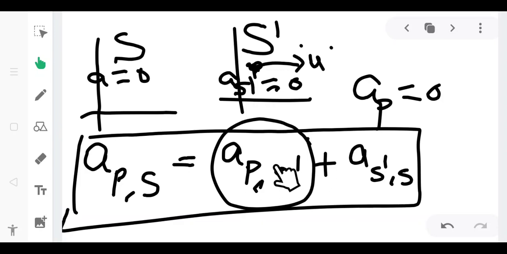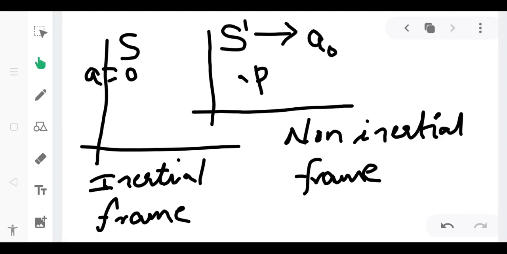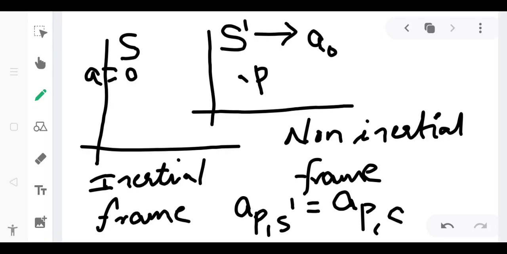So the equation will be: acceleration of the particle with respect to the frame of reference S dash equal to acceleration of the particle with respect to S minus acceleration of the frame of reference S dash with respect to S.